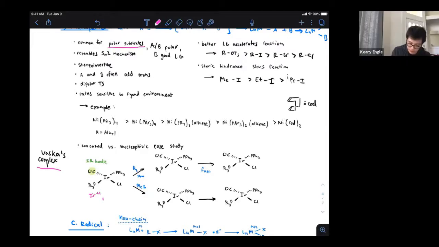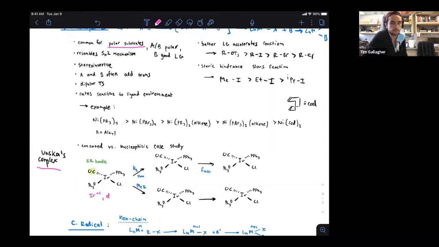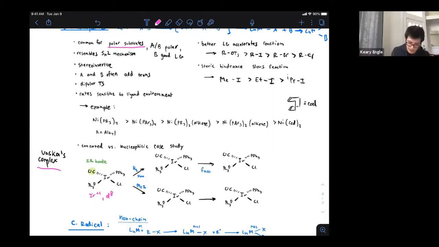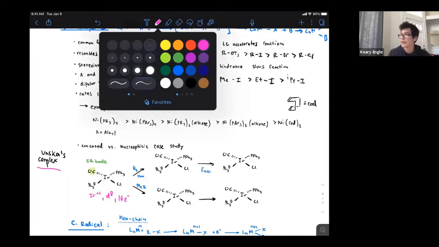Okay, so you said 1X type, so iridium plus 1, d8. Iridium 0 is d9, so d8, and then you said 16 electron complex. And this makes sense, d8, square planar. Okay, good. Anybody got anything different?